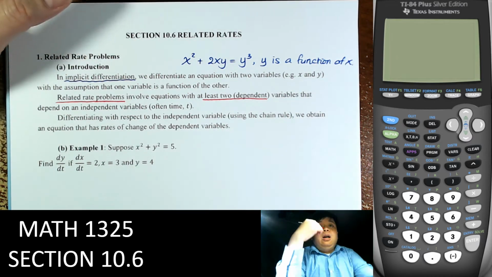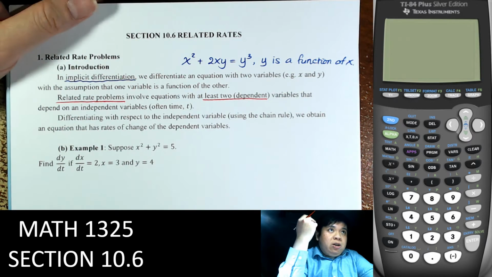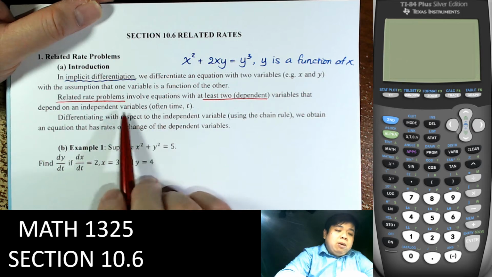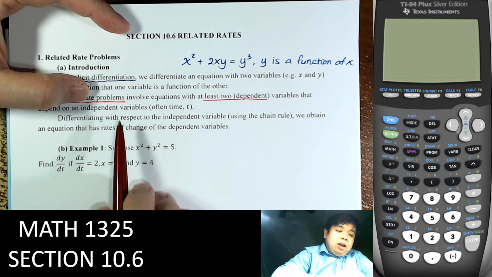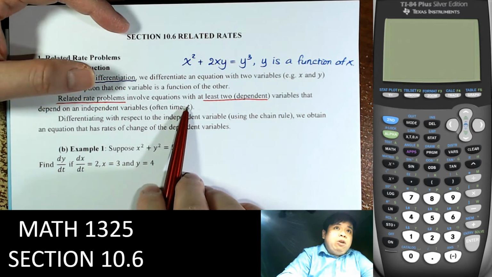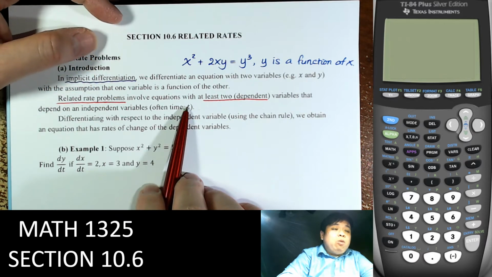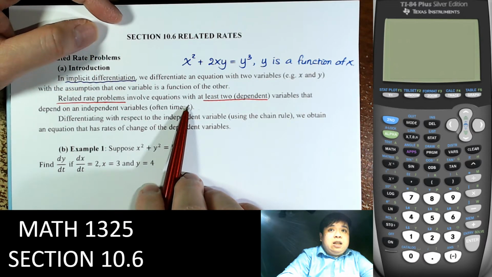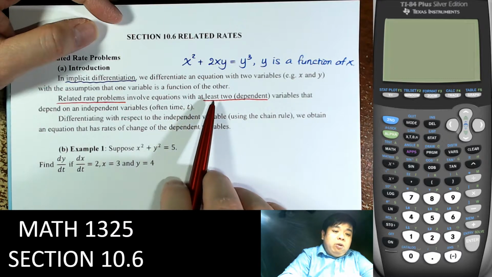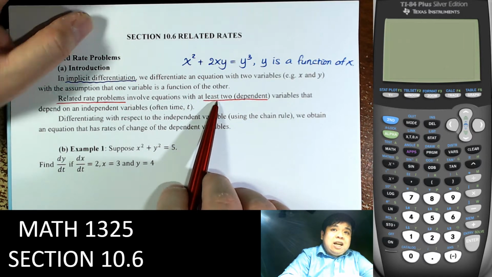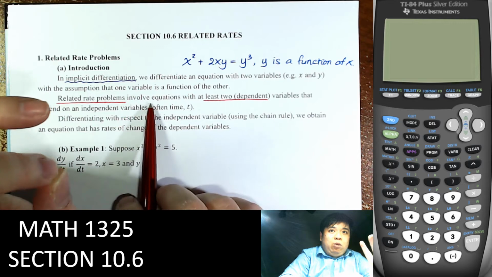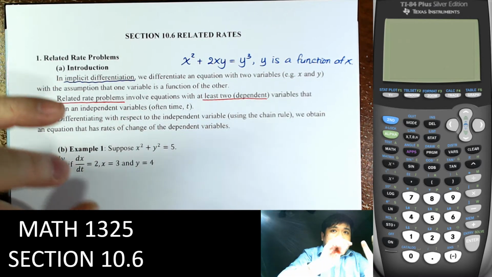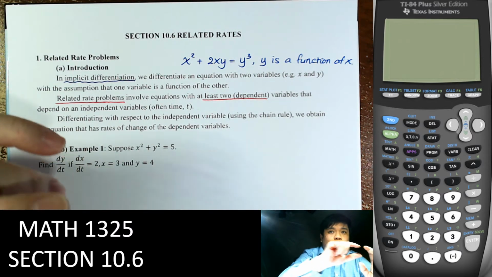The reason we have to have at least two is that, remember, these are functions of t, so if we take the derivative with respect to t, the derivative with respect to time is usually a rate. So we have two variables, take two derivatives with respect to t, and we have two different rates, and the rates are related through one equation.